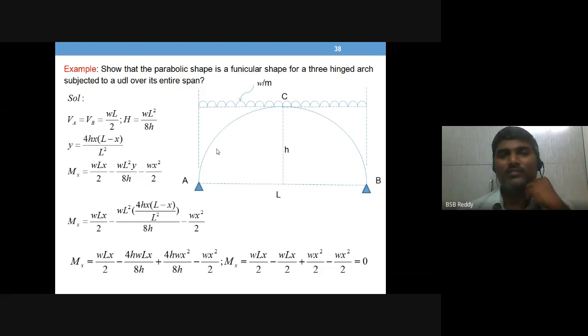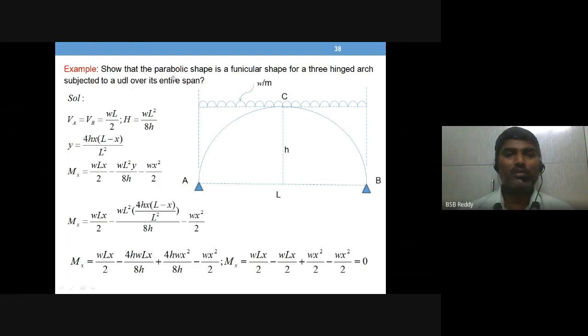This session, we will go for one more example on parabolic geometry of three hinged arches. Let us see the question first.